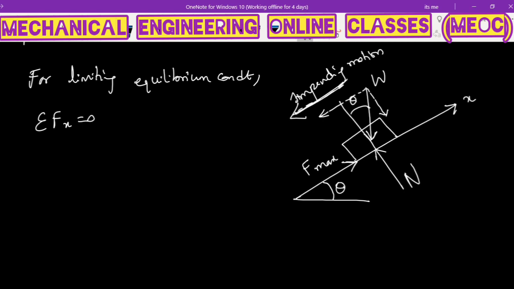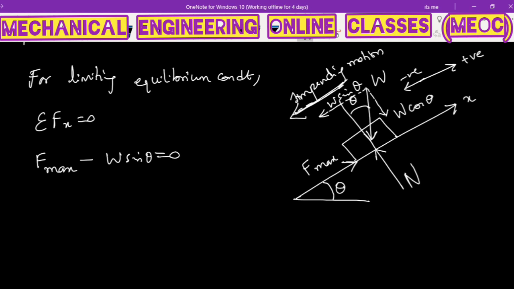So here it will be W cos theta, this will be W sin theta. Let upward be positive and down the slope be negative. So it will be F max minus W sin theta is equal to 0, and F max is nothing but mu s into N. So mu s N is equal to W sin theta. Let this be equation number 1.